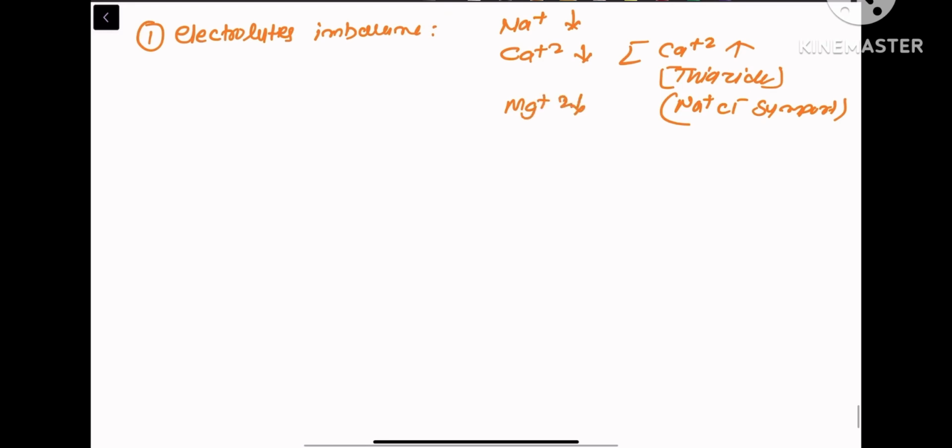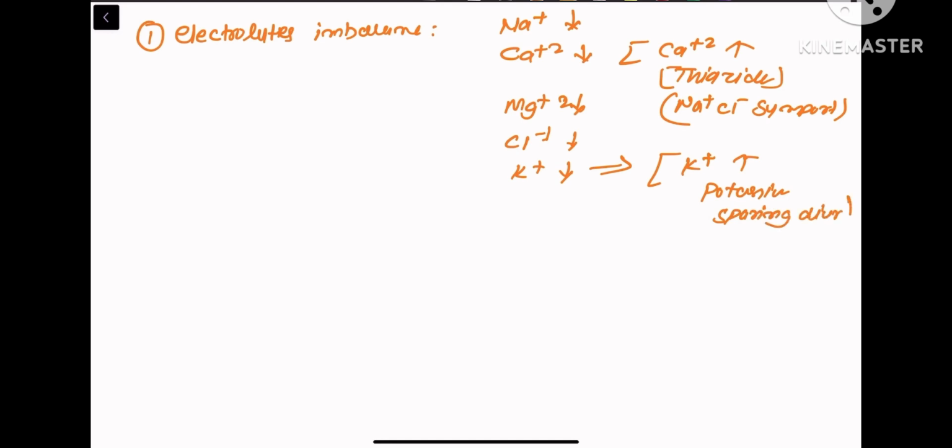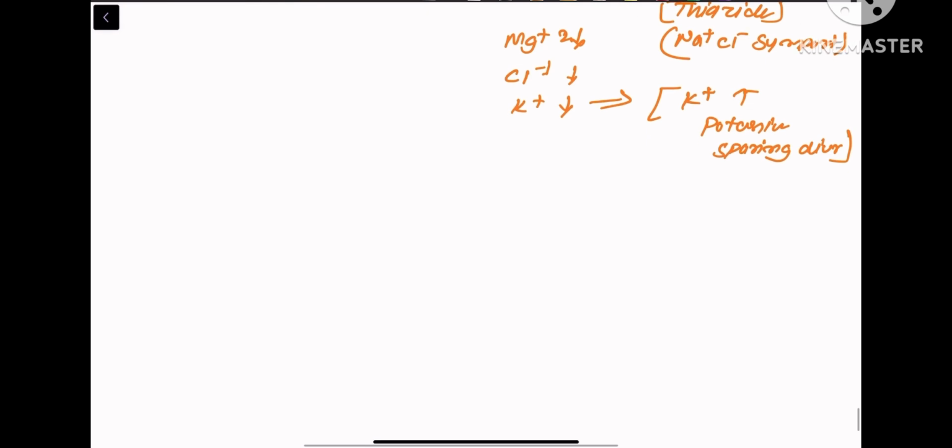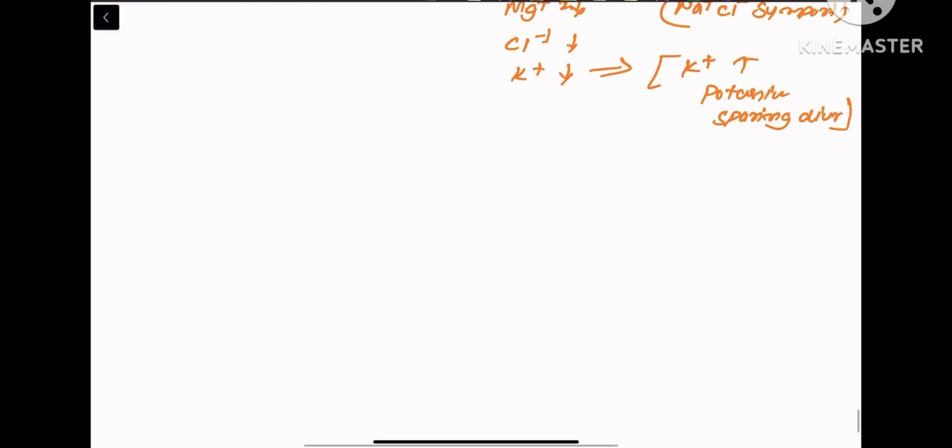Magnesium will be reduced in the blood. Chloride will be reduced in the blood. Potassium will be reduced in the blood, but increased in the blood with the use of potassium sparing diuretics. Okay.